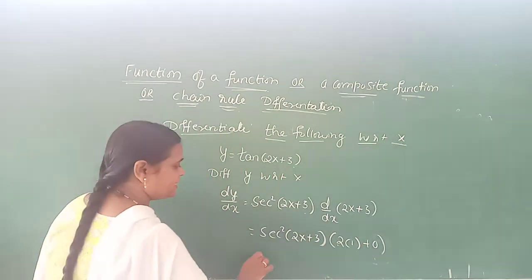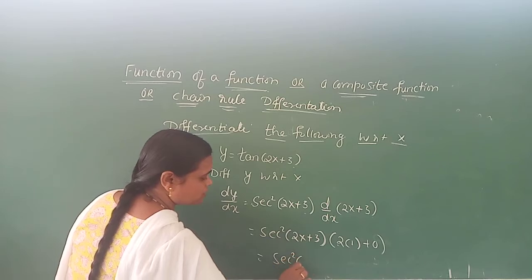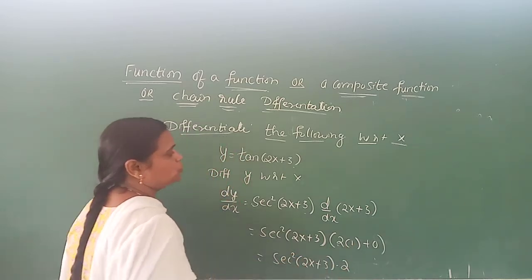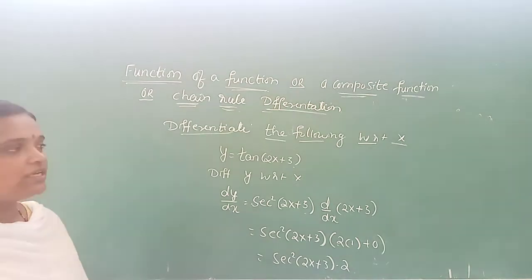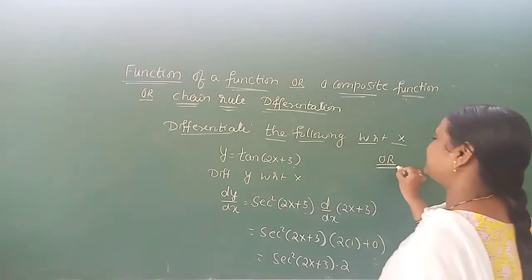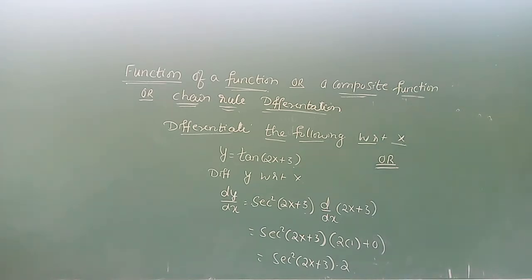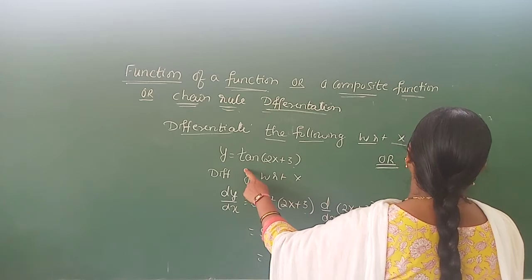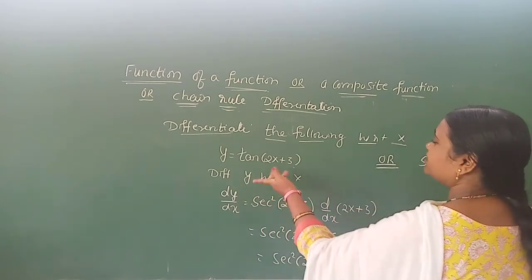Therefore, we can write secant square 2x plus 3 into... or else another very easy form we can write directly. See, tan differentiation is secant square 2x plus 3. We can do it directly.